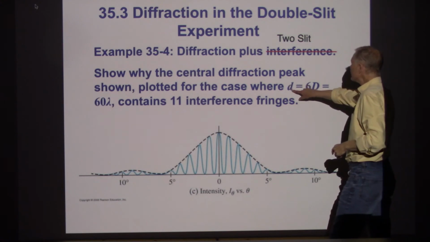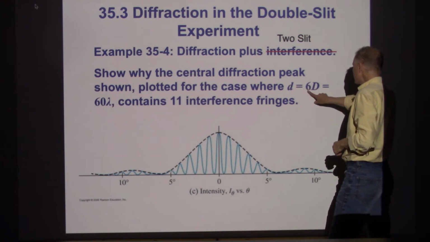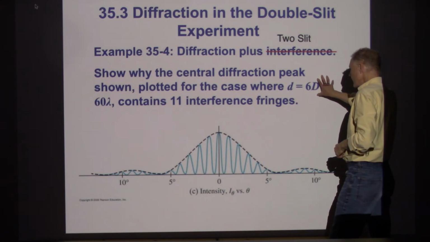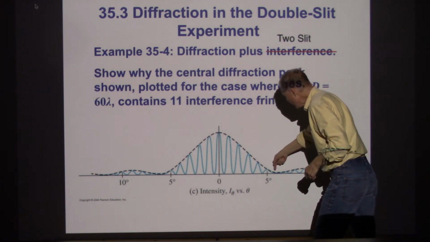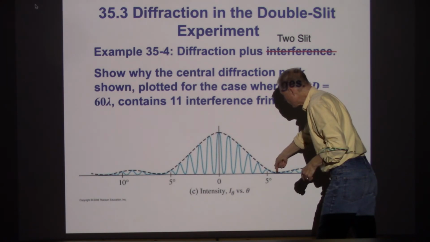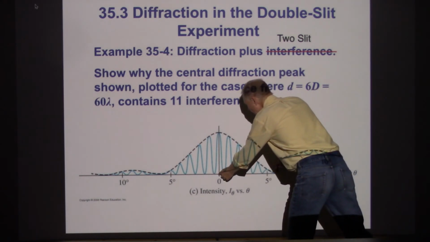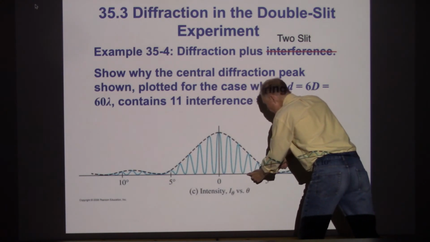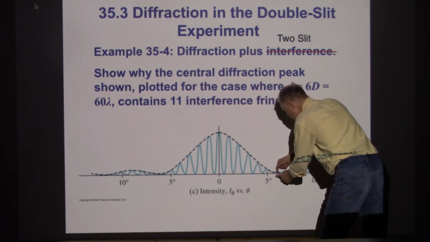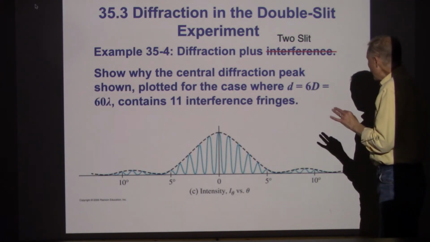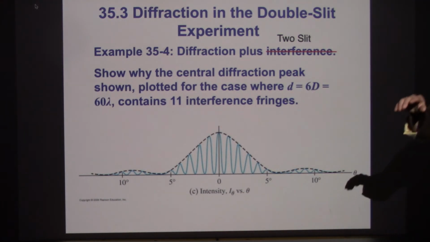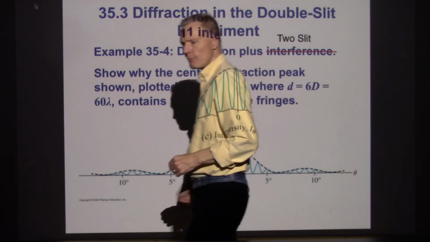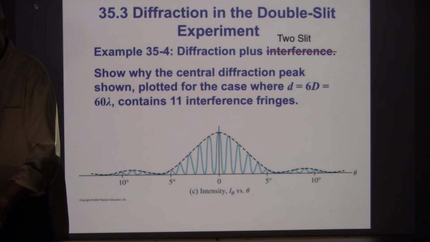The distance between the slits is 6 times the width of the slit, and the way that's being determined is when n equals 1 for the diffraction envelope, m is equal to 1, 2, 3, 4, 5, 6. The m equals 6 two-slit interference peak is being suppressed by the diffraction envelope. So the diffraction envelope has basically done away with the m equals 6 two-slit peak.